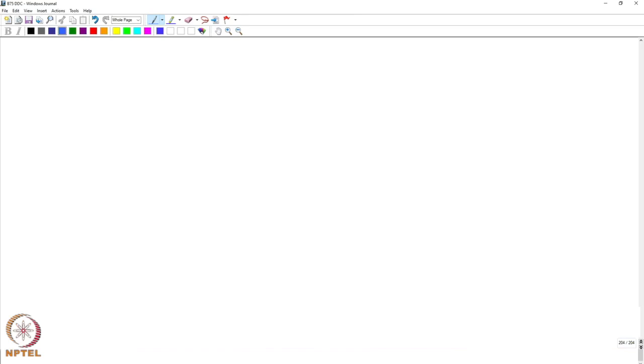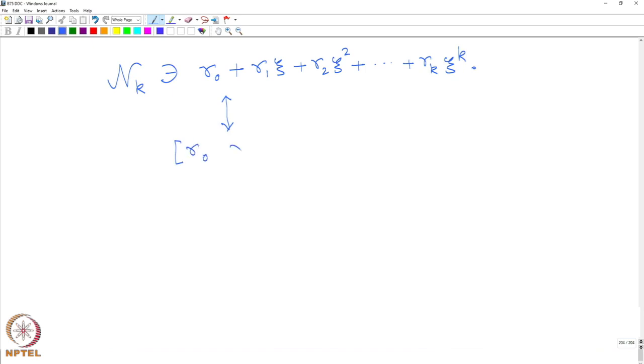Now, with this identification, suppose I take a typical polynomial in Nk, it is going to look like R0, which is a constant row vector, plus R1, another constant row vector times xi, plus R2, another constant row vector times xi squared, plus dot dot dot plus Rk xi to the power k. I will identify this with the row vector R0, R1, R2 up to Rk.